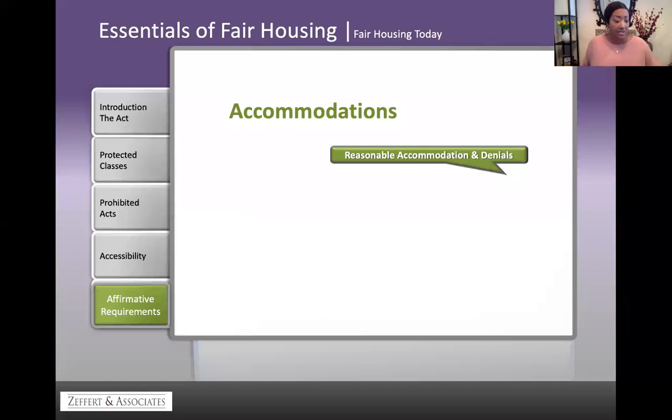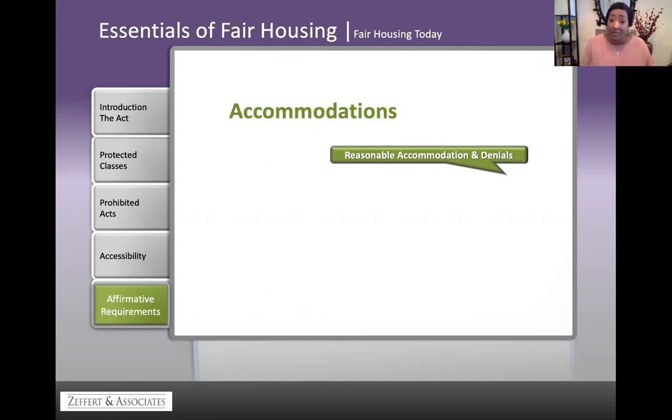Here's a good example. Let's look at page 12 at the example I'm going to read about reasonable accommodation. As a result of a disability, the tenant is physically unable to open the dumpster placed in the parking lot by his housing provider for trash collection. Now, the tenant requests that the housing provider send a maintenance staff person to his apartment on a daily basis to collect his trash and take it to the dumpster.